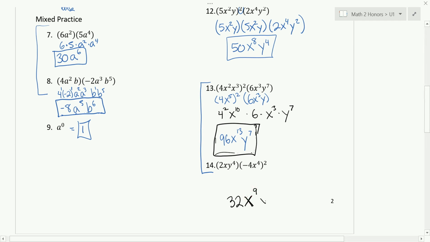And y to the 4th. Okay. And so you have 2x y to the 4th times negative 4 squared times x to the 8th. And you put that together and you get this answer. And remember, if it doesn't have an exponent, there's a 1 there, right? Okay.